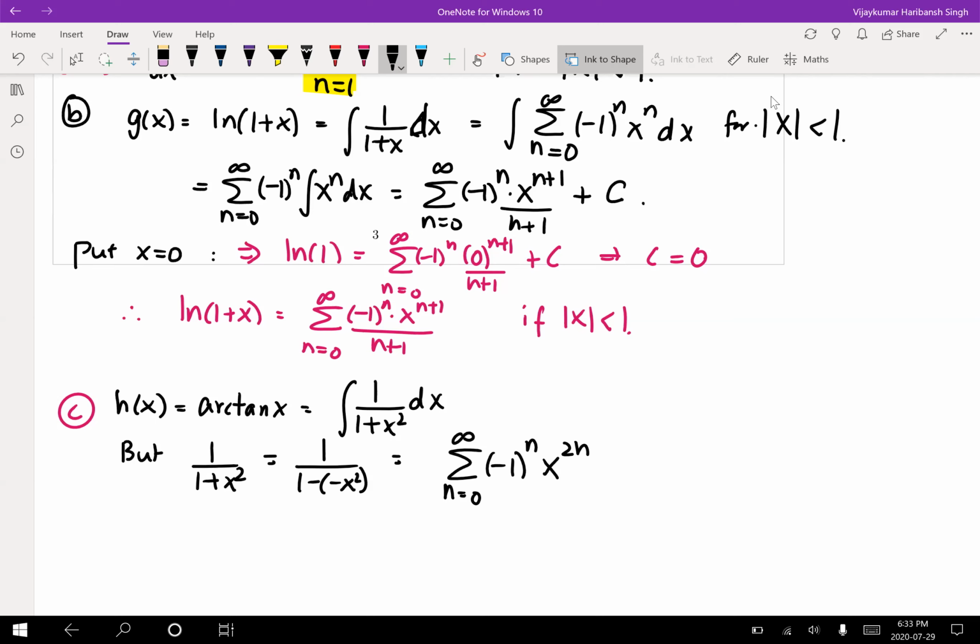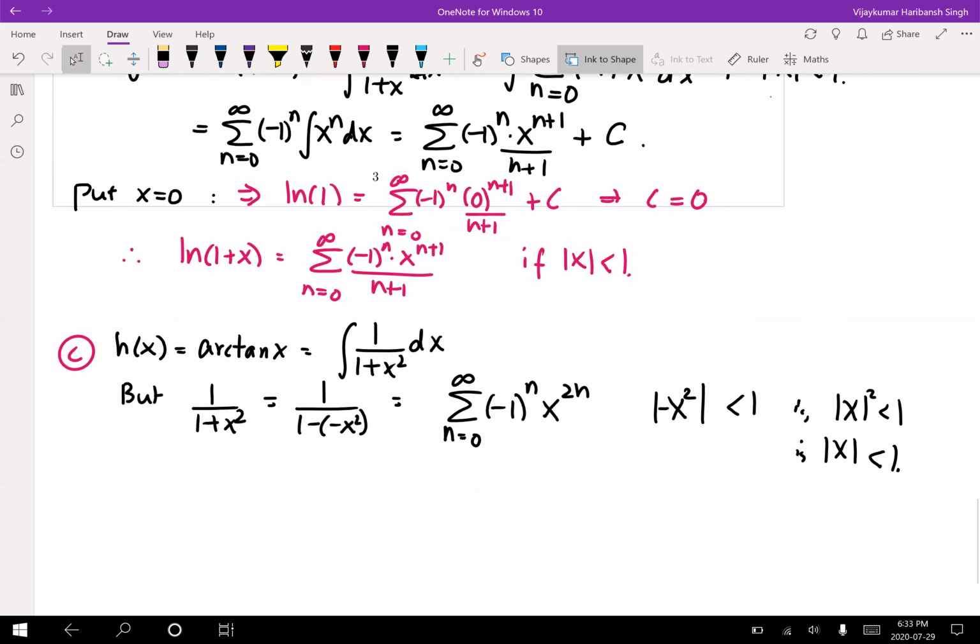Now integrate on both sides, and this is valid when the absolute value of minus x squared is less than 1. That is, absolute value of x squared is less than 1. That is, if absolute value of x is less than 1. So it is still valid for absolute value of x less than 1. Now integrate on both sides.